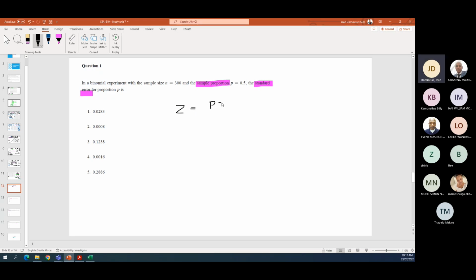This is your normal Z value that you can work out with the proportions, and the standard error sits at the bottom of this formula.